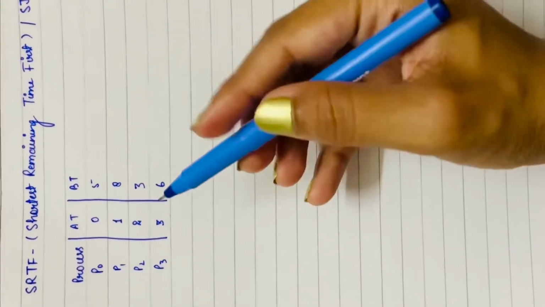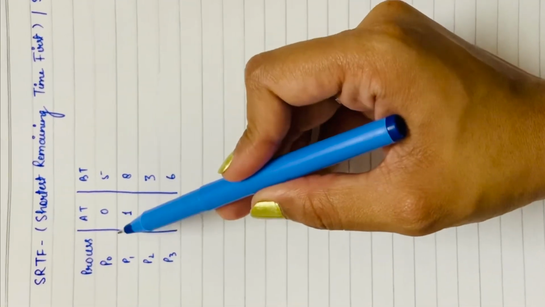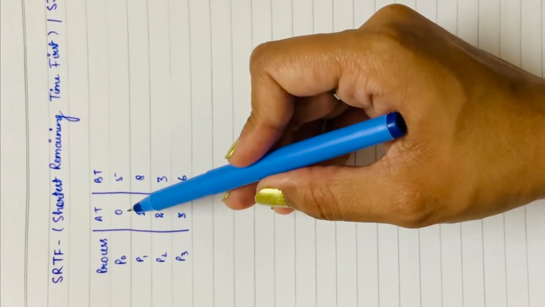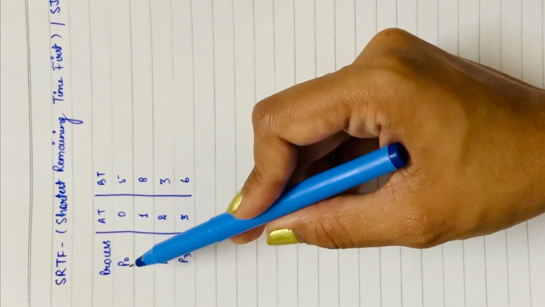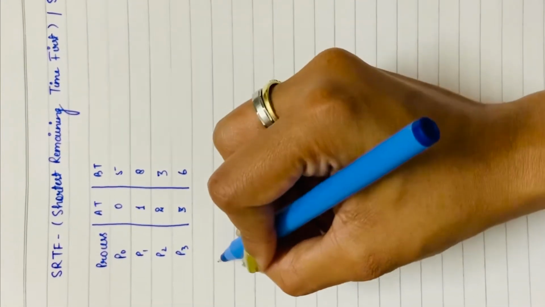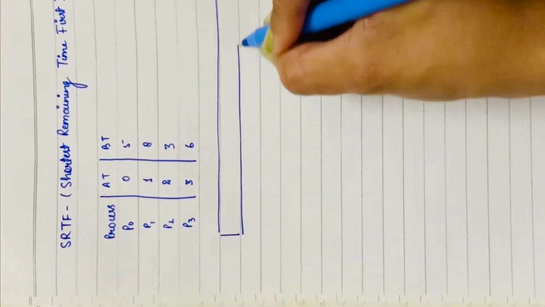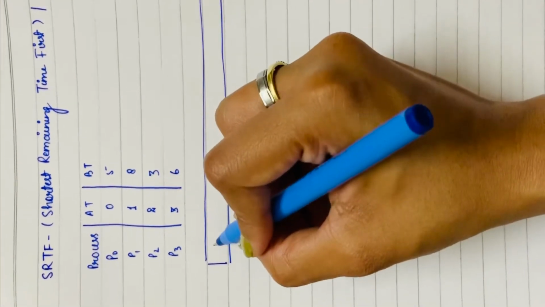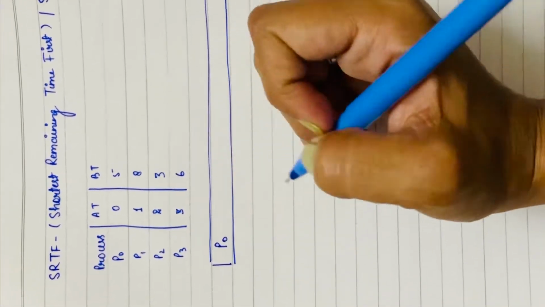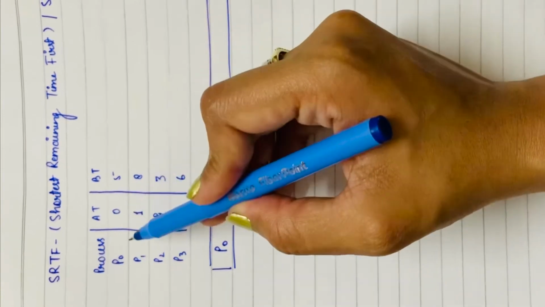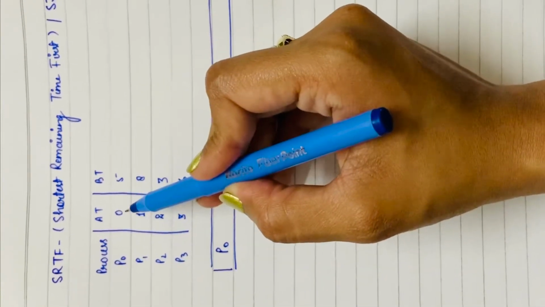So which has the smallest arrival time? Process P0. At time 0, process P0 entered the ready queue, so we'll prepare a Gantt chart. Now process P0 will enter the running state because it has arrived at time 0.